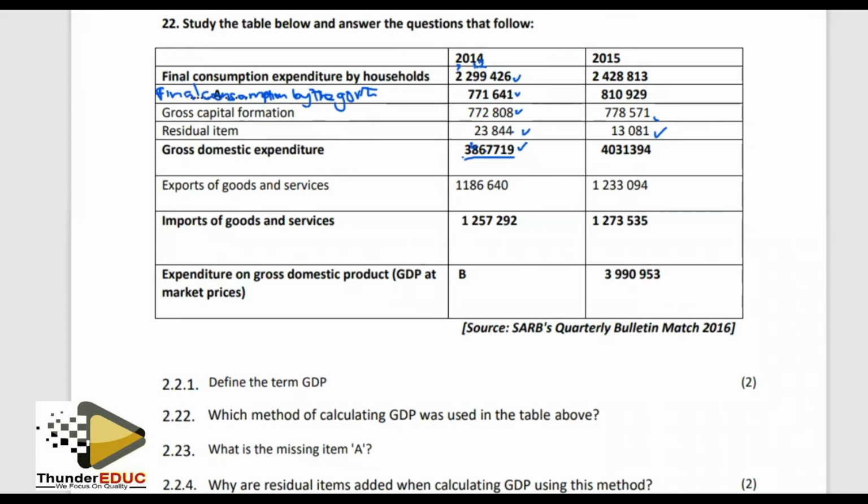So this is gross domestic expenditure here, but that is in a closed economy. We need to introduce the expenditure after getting money from exports and so on, and what was spent on imports.